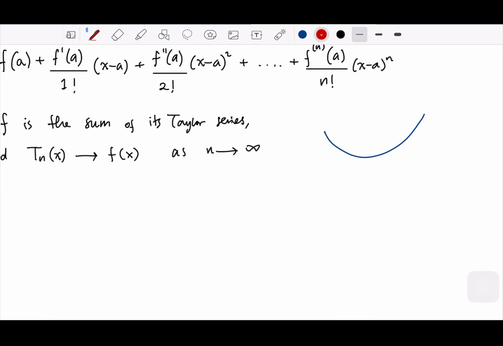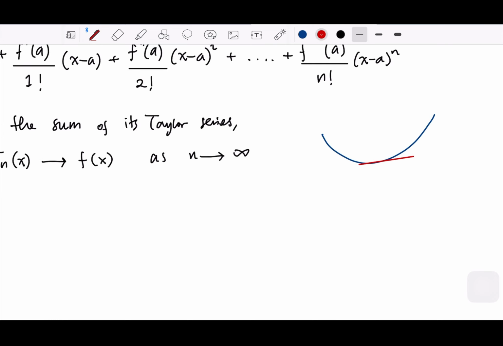If we have this curve and some tangent line like this red one here, and the points are nearby this tangent point, you will not see any really different line.